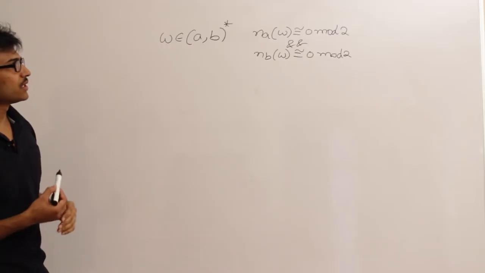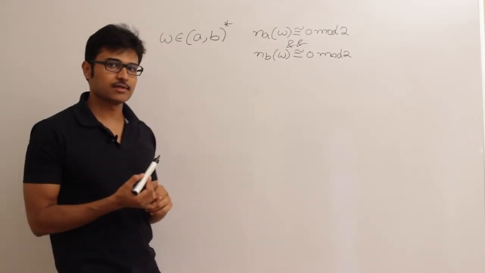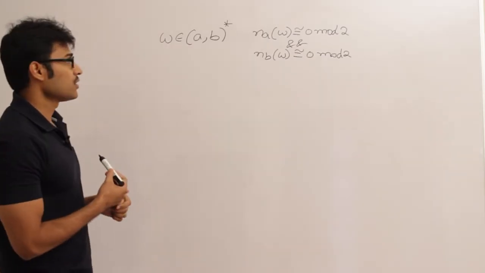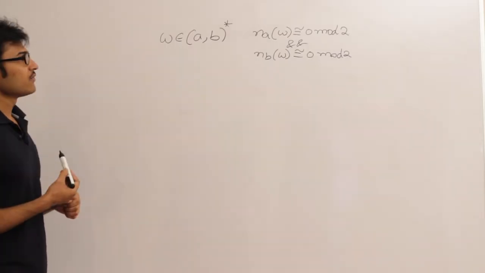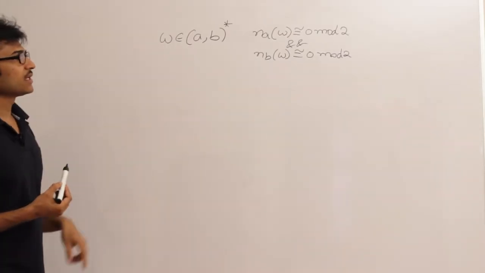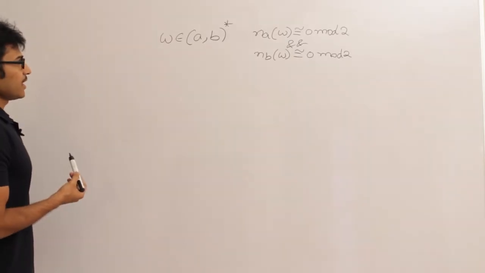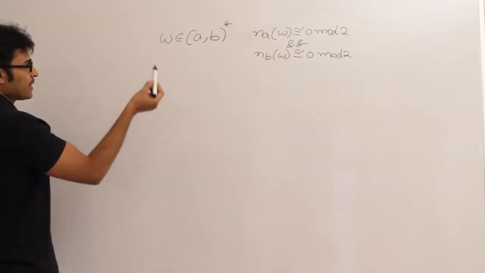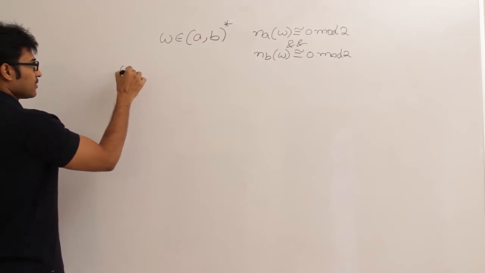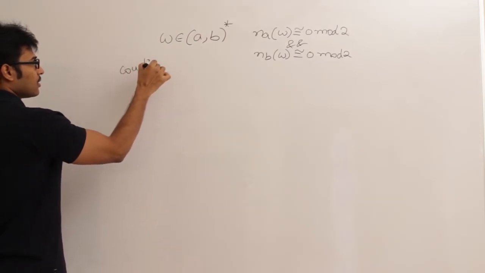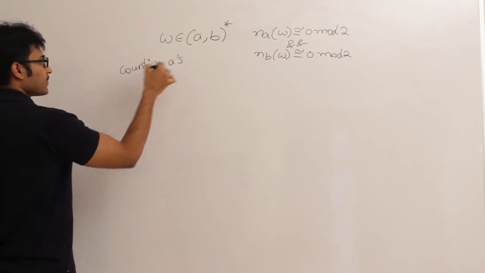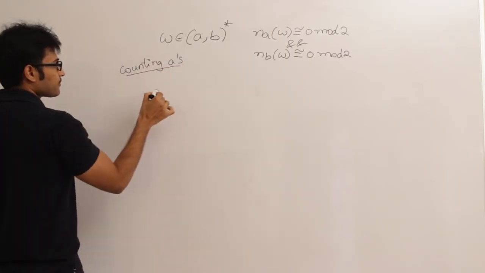Now let us try to do it in a different manner using some other method. This is also called the cross product method. First thing is we want to count the number of A's as well as the number of B's. So let me draw it like this, independently. First, counting A's.